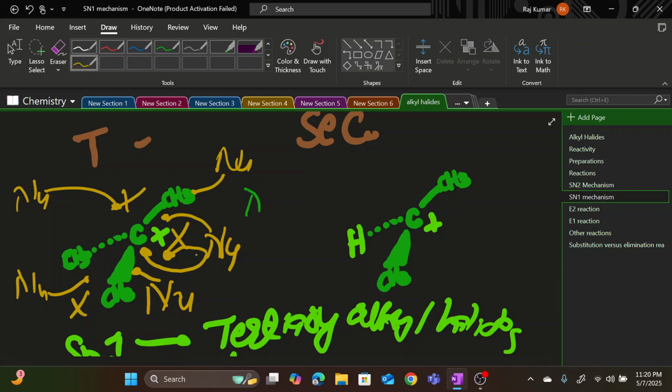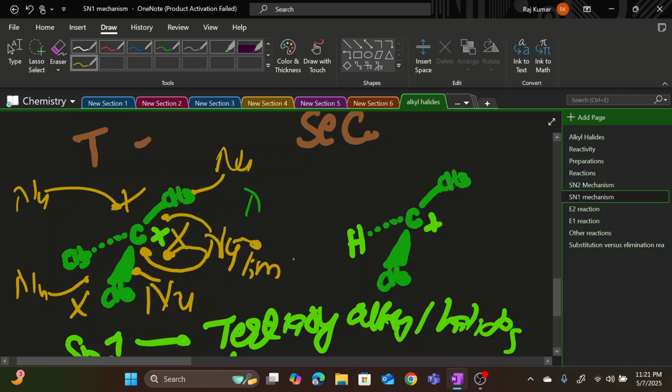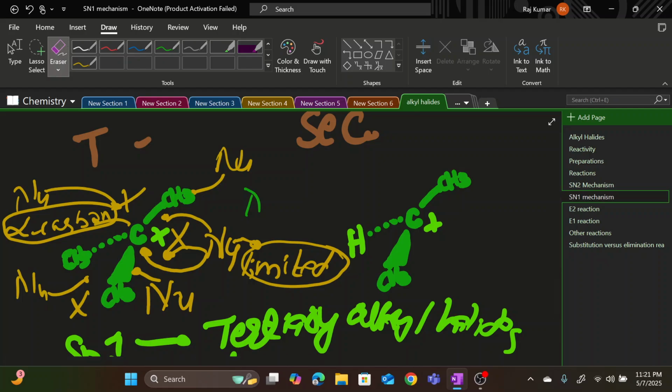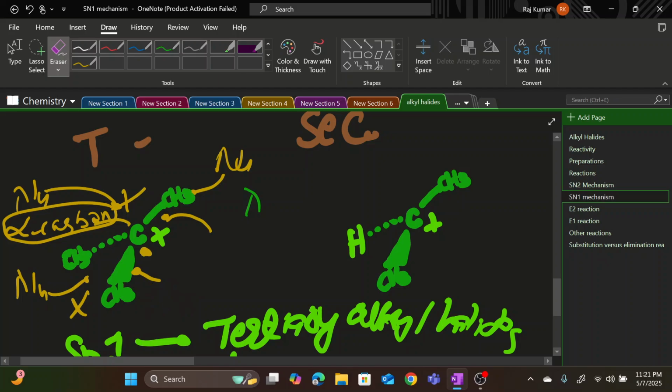We also call the central carbon the alpha carbon. The nucleophile cannot attach to the alpha carbon easily, and the sites of attachment of the nucleophile to the alpha carbon are limited, due to which the alpha carbon becomes less reactive.